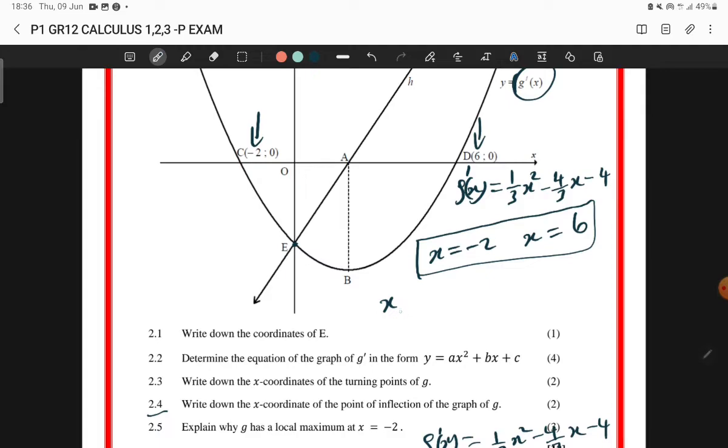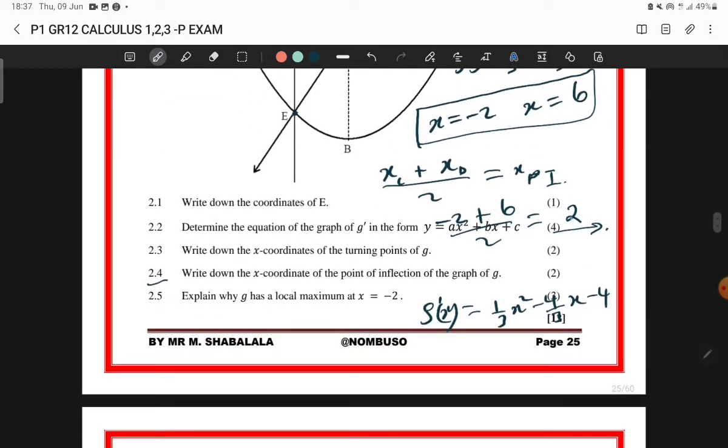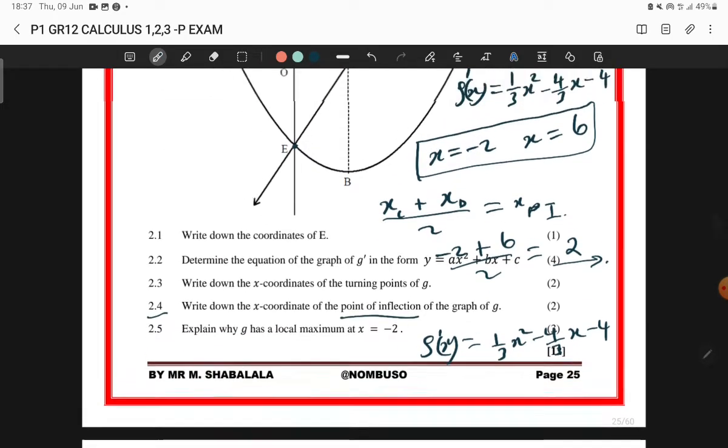So we have xc plus xd, divided by 2, which is equal to the x coordinate of the point of inflection. xc is negative 2, plus xd is 6, divided by 2, gives 4 over 2, which is just 2. This is the x coordinate of the point of inflection. This is how we find it.